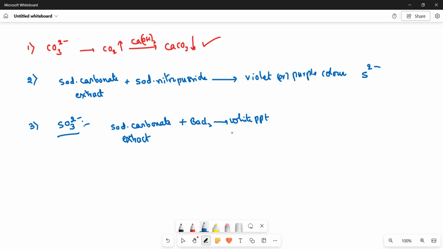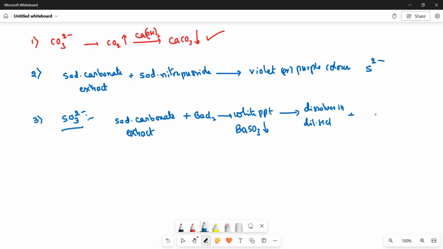This white precipitate is due to the formation of barium sulfite. This precipitate dissolves in dilute HCl by releasing some amount of sulfur dioxide gas, which confirms the presence of the sulfite ion.